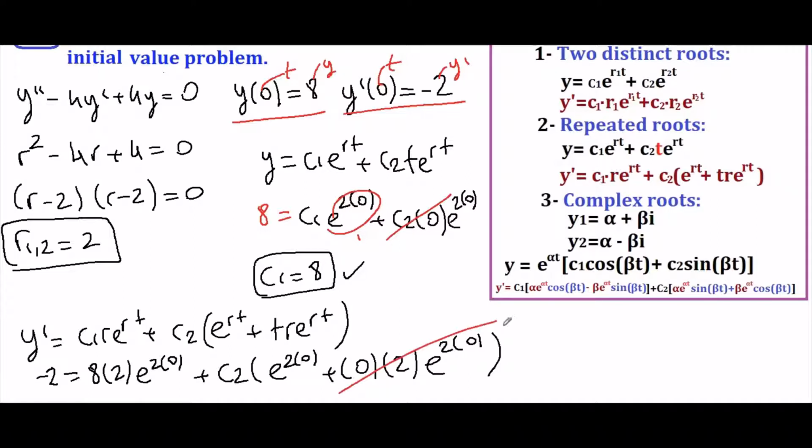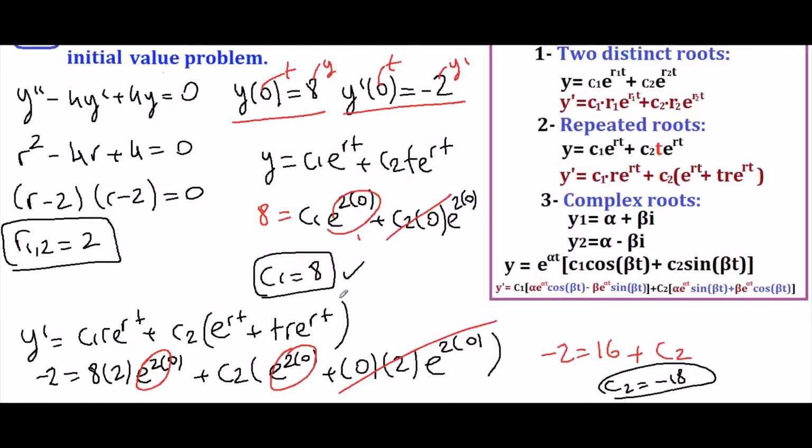Here again 0 times anything is 0, e to the 0 is 1, 1 times c2 is just c2, e to the 0 is 1, times 16 is just 16, and from this equation we find c2 as negative 18.